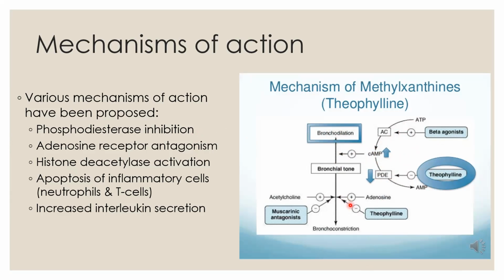Now, theophylline also will attack here. It antagonizes the adenosine receptor, because then it will inhibit the vasoconstriction, since the adenosine receptor will cause vasoconstriction. So it will inhibit this one.